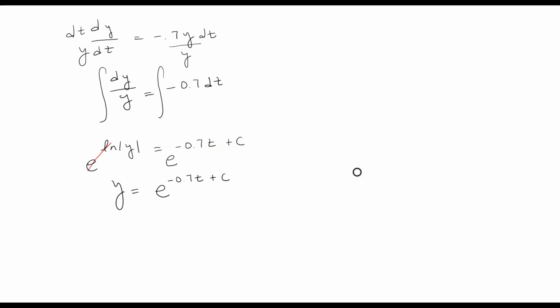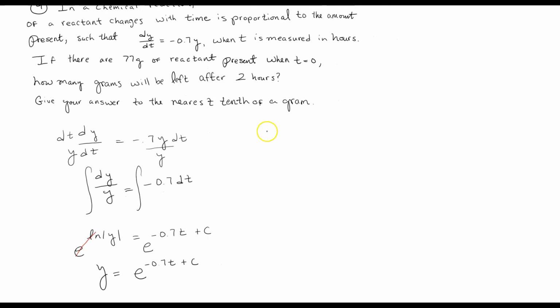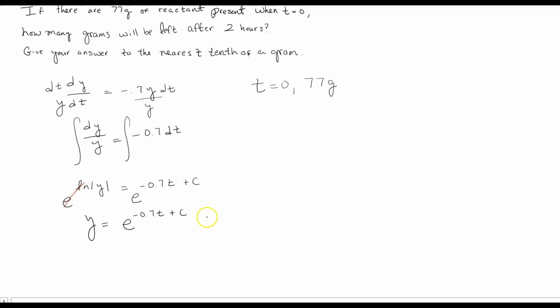Now that I've obtained that, I'm going to solve for my constant c by plugging in the initial condition I was given. What I know from the initial condition is that when t equals 0, I have 77 grams present. So y of 0 gives us e to the negative 0.7 times 0 plus c equals 77.